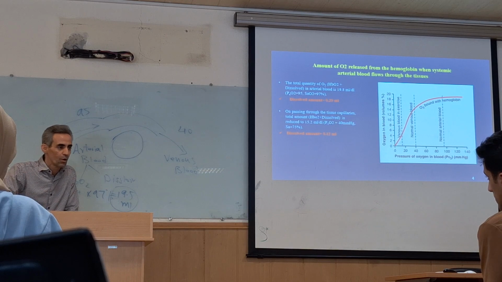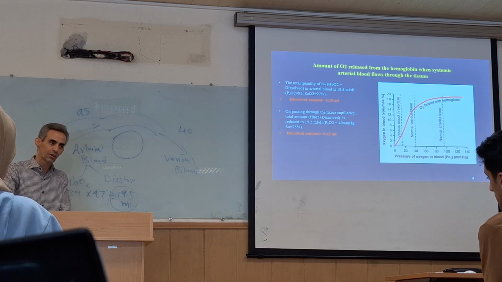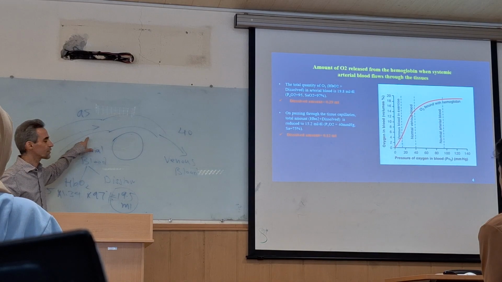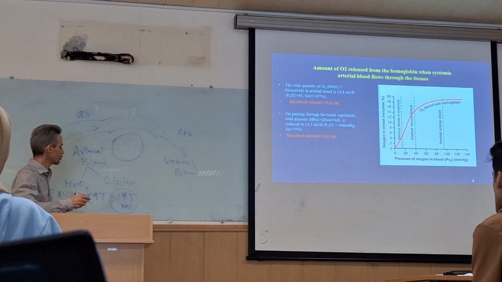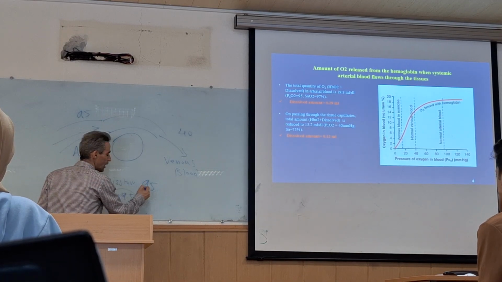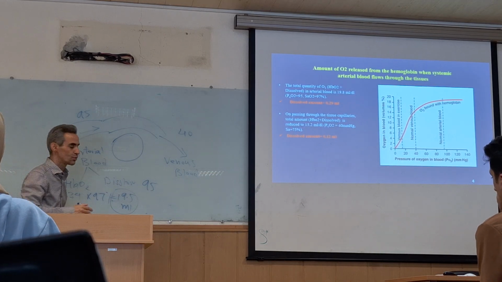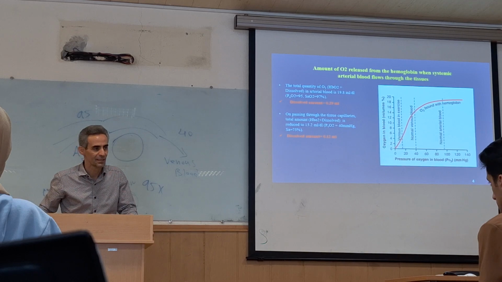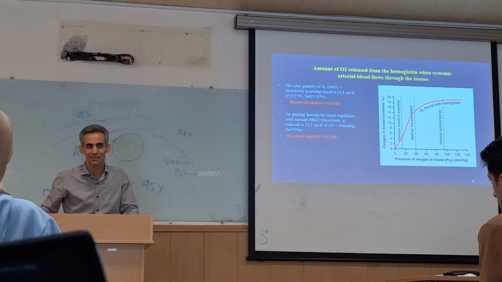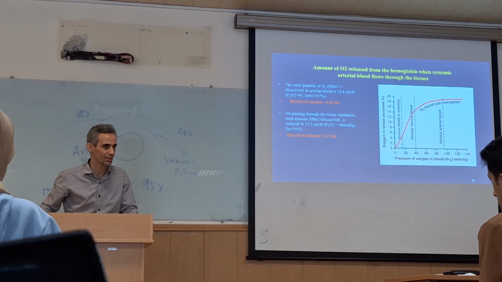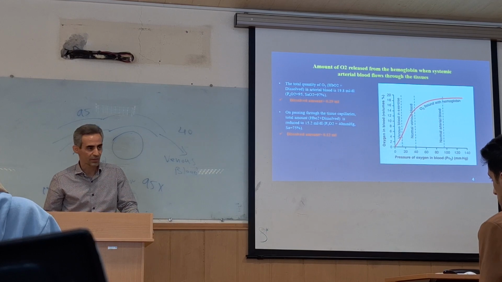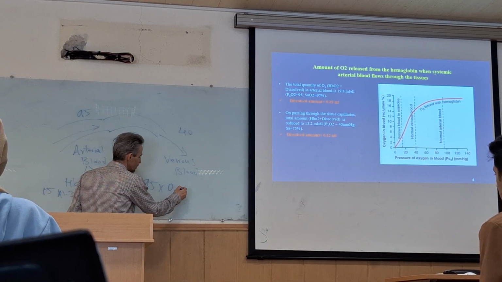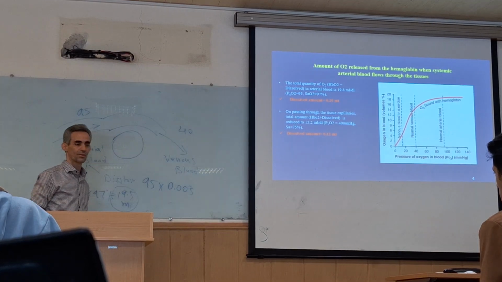19.5 by oxyhemoglobin. Another is dissolved. You know that in arterial blood the oxygen pressure is 95, and the solubility coefficient of oxygen, which I talked about in the previous session, is about 0.03.